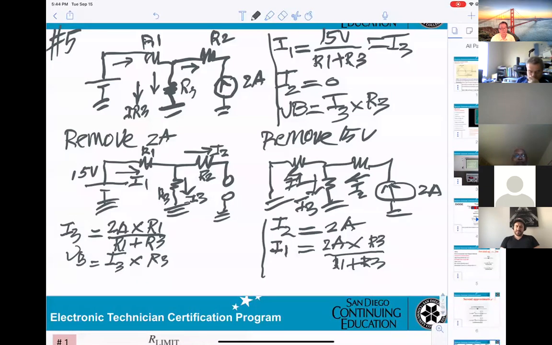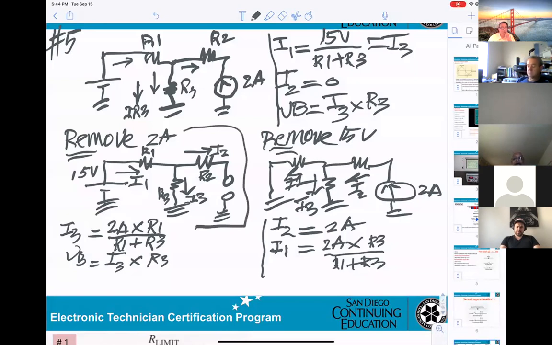I'm going by what you got on the screen. Now, are you talking about that one or that one? Different way. I'm talking about the one where you remove the 2 amps.